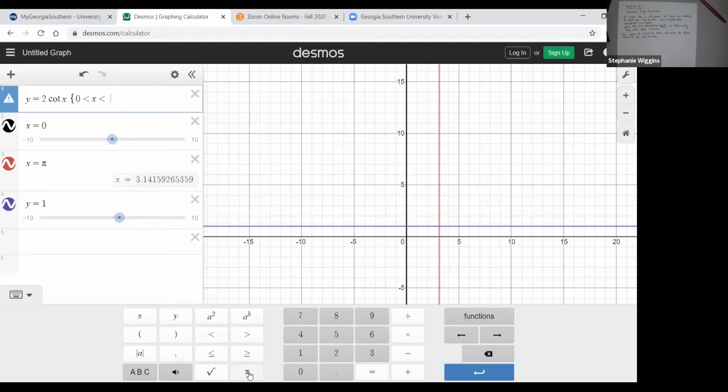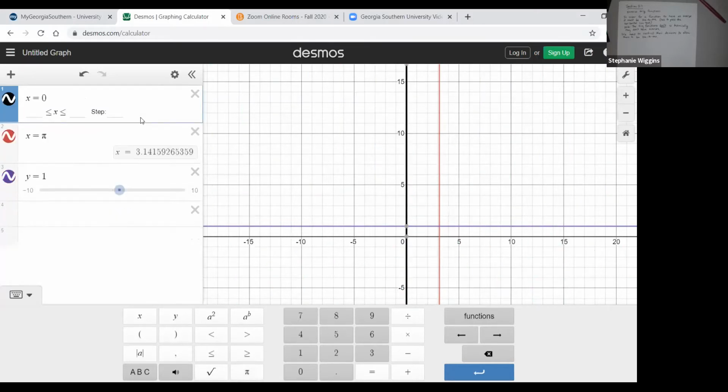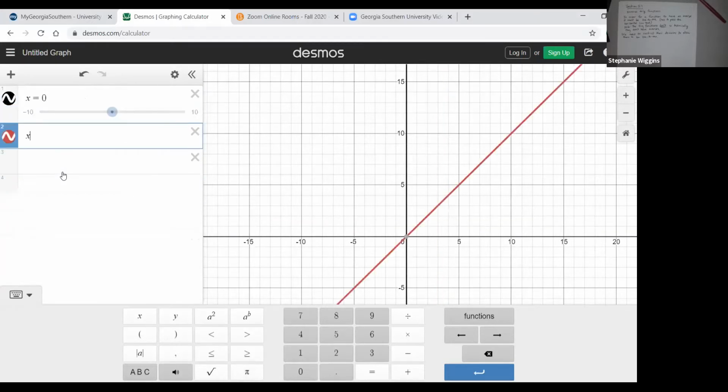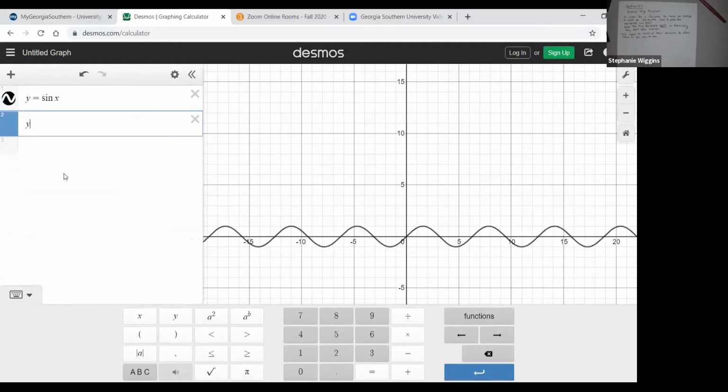Let's focus now on the three main functions that we've been working with: sine, cosine, and tangent. So let's get rid of all this stuff here. I want to focus from 0 to 2 pi. That's the period.